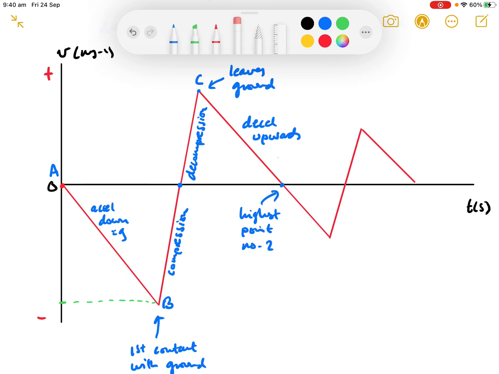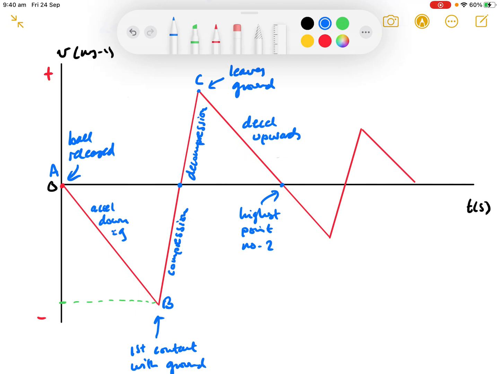What we've got there is correct. Okay. If you did want the original highest point, you would say ball released in there.